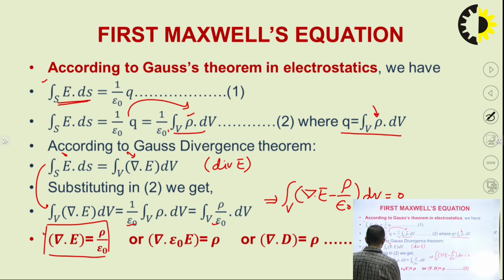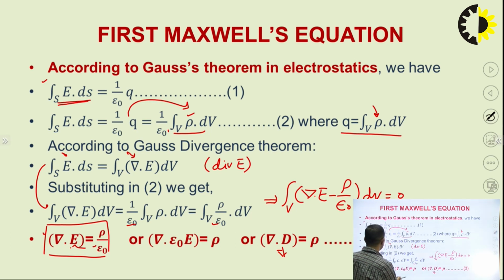Or if we multiply by epsilon naught on the left hand side, the equation becomes del dot epsilon naught E equal to rho. Now we can introduce a new quantity D, which is known as the electric displacement vector D. So we can write this law, Gauss law, in differential form by using Gauss divergence theorem.